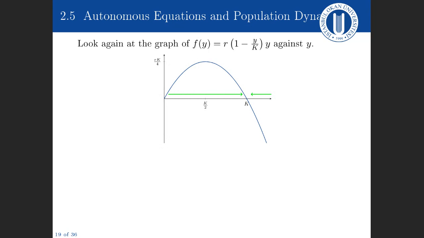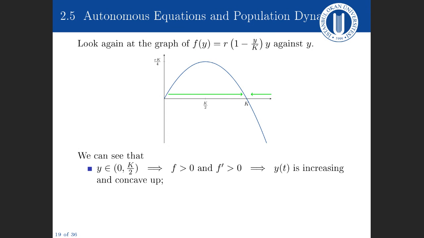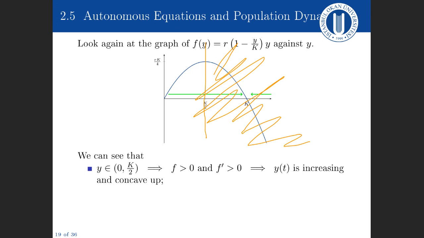Let's go back to the graph of f of y against y, or r(1 minus y over k)y against y. We can see that if y is between 0 and k over 2, so just the first part of the graph, f is positive, and f prime is positive because the graph is sloping upwards.